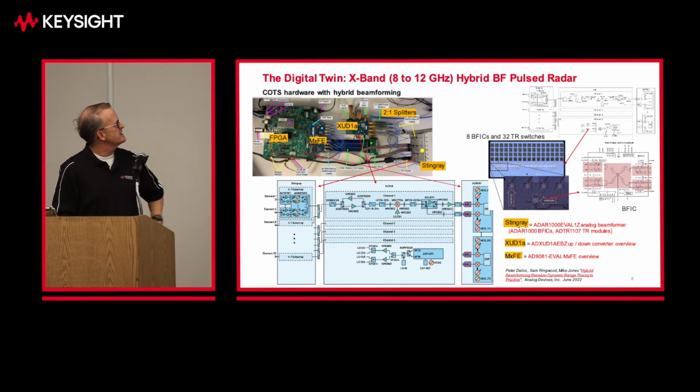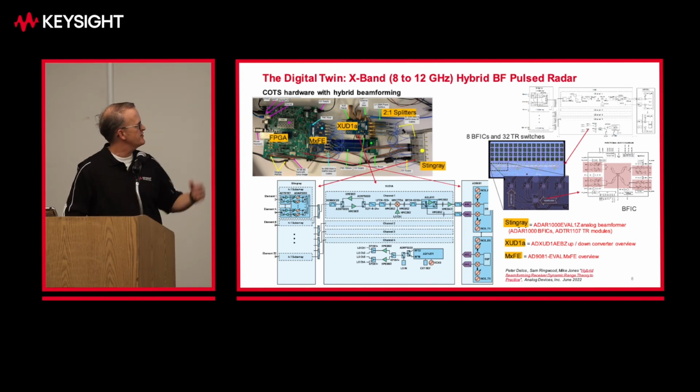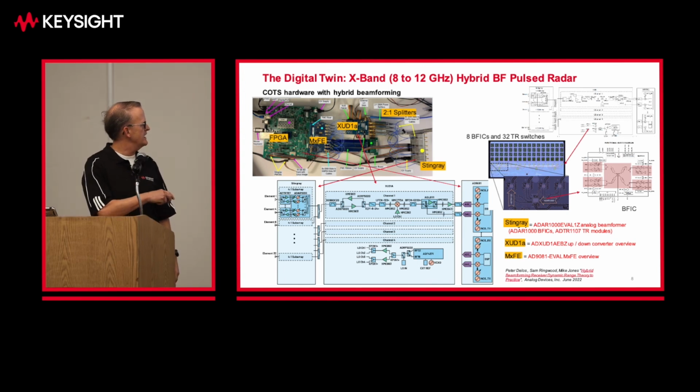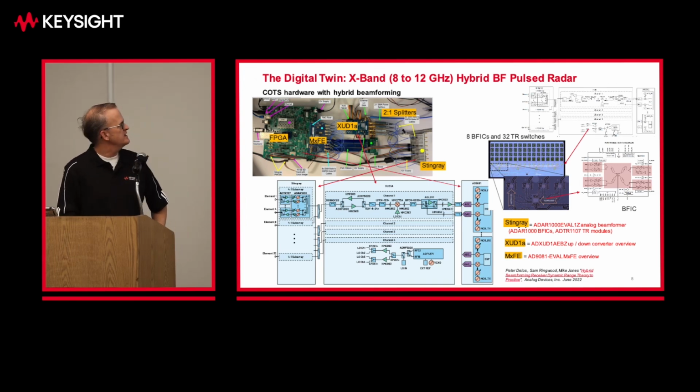But this is the digital twin, the X-band pulsed radar system built with COTS parts from Analog Devices that a team from Keysight and a team from these great guys at ADI did in June at IMS. And it was using, for example, the ATR 1000 beamformer IC. It has 4 transmit, 4 receive beamformer ICs.